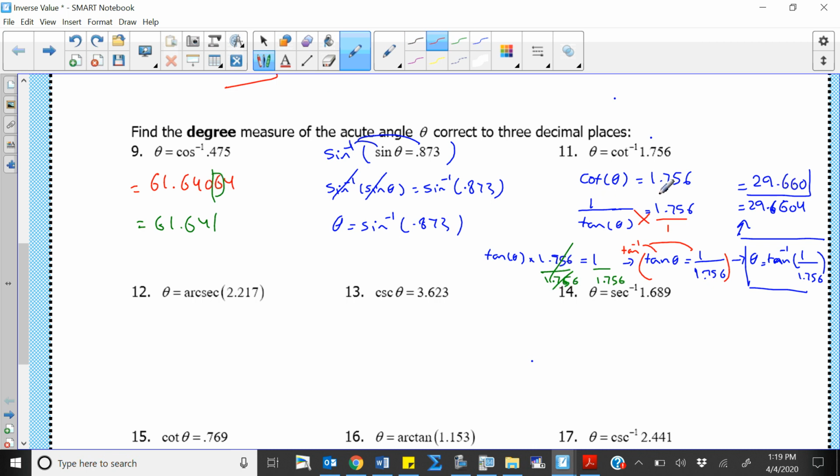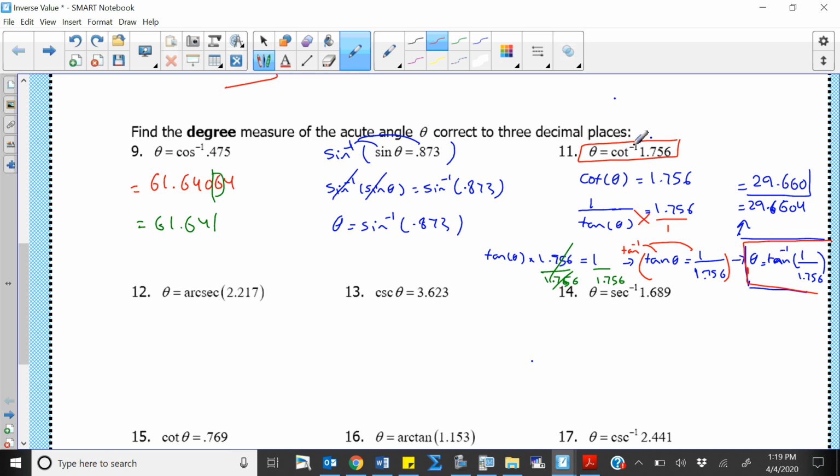Okay, so let's see what happened here. You don't have to worry about all this stuff that I did here. I just explained these to tell you where this comes from. You can just compare what we have here and what we made here. Theta, theta, that's the same thing that I have on the left side of the equation. On the right side of the equation, I have cotangent negative 1, and I know that the reciprocal of cotangent is tangent, so I'm just going to write tangent negative 1.